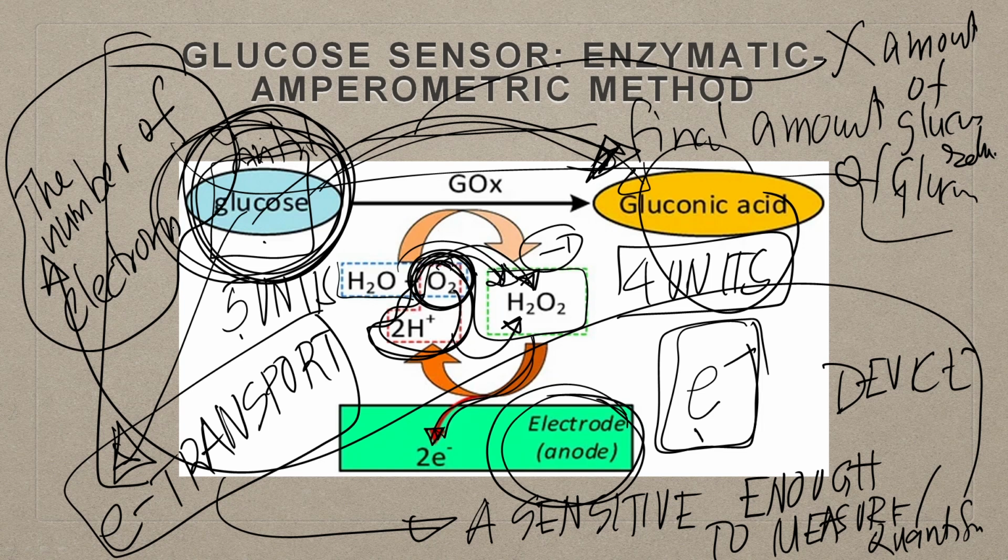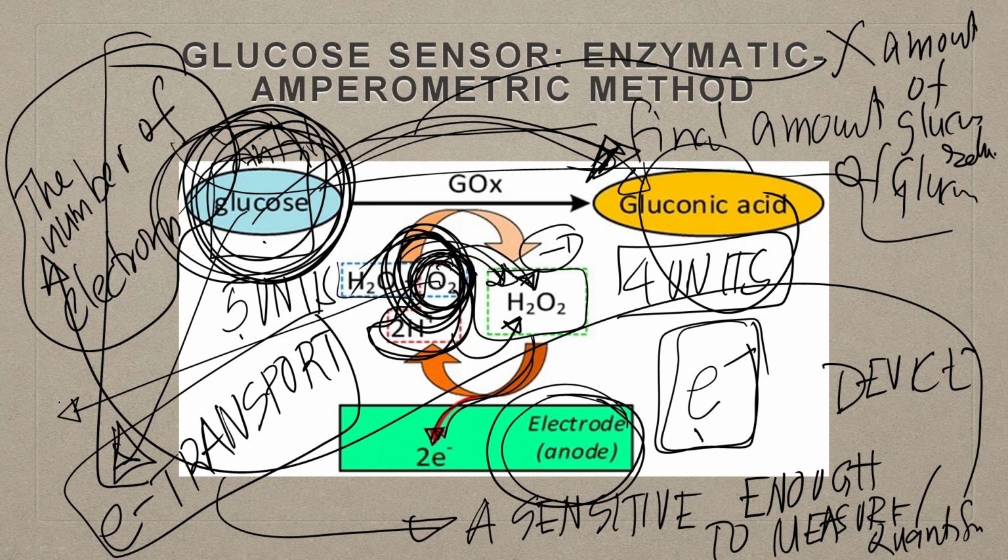There is another way of doing it. The other way is that you have oxygen here, and oxygen is getting consumed. When we talk in detail about how the Clark's electrode was developed, that was the very first one. Initially, they were measuring the oxygen consumption. The oxygen consumption is a direct way of telling how much glucose is getting consumed, because glucose is getting oxidized. So, electrochemically, Clark could measure the oxygen consumption.